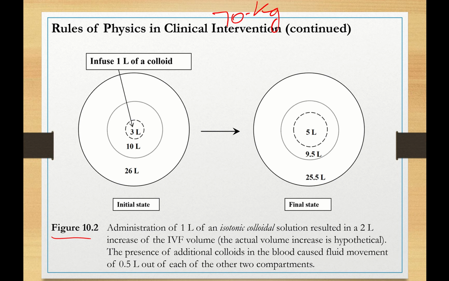And notice that some of this fluid has now also moved out of the interstitial and out of the intracellular and accumulated in the plasma. Of course, this is a hypothetical scenario. The numbers are just representative here, they're not accurate. But this is what we expect to happen, okay?